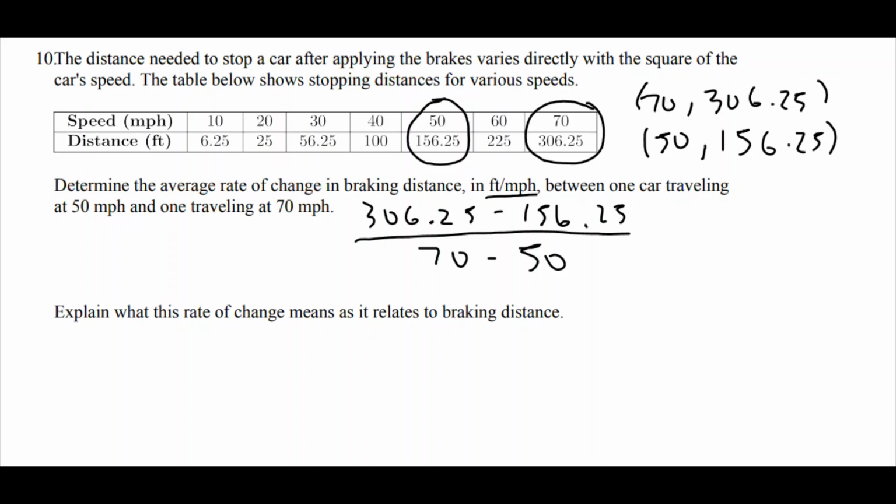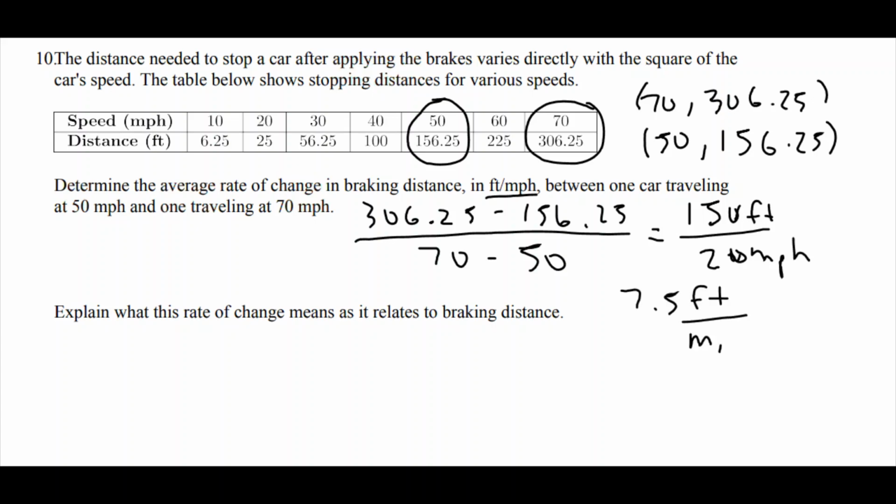If we subtract 306.25 minus 156.25, we get 150 feet for every 20 miles per hour. If we simplify this, we get 7.5 feet for every mile per hour. Okay, that's our average rate of change.